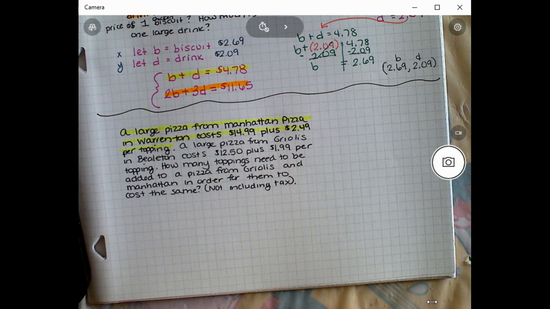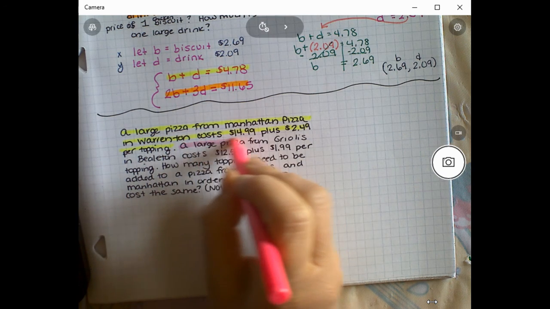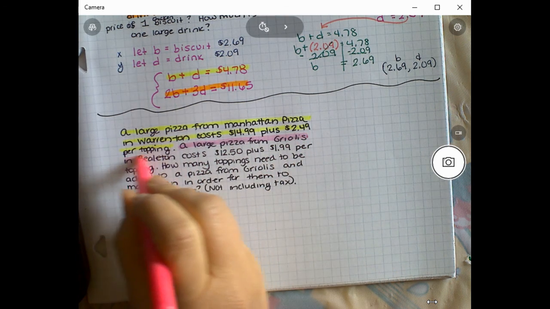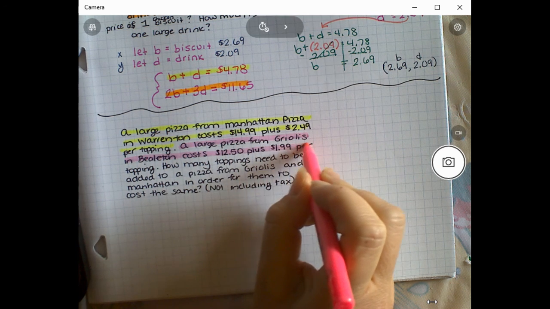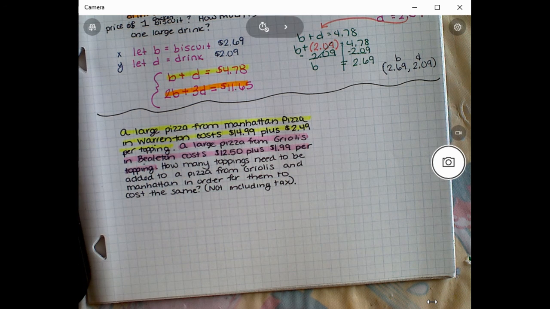A large pizza from Grioli's costs $12.50 plus $1.99 per topping. That's a big difference, right? And the question we want to answer is how many toppings need to be added to a pizza from Grioli's and Manhattan in order for them to cost the same?